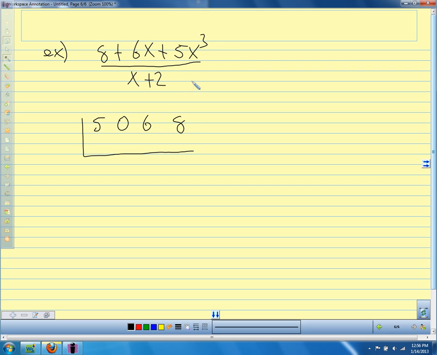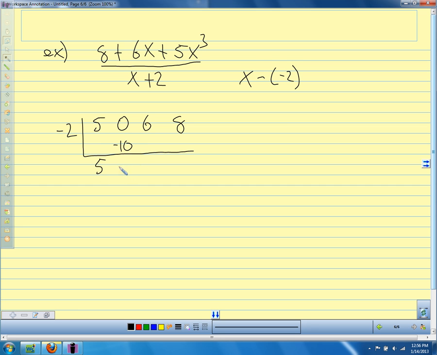And x plus 2 is x minus negative 2. Remember, synthetic division works for things that are in the form x minus some number. So I'm going to put a negative 2 here. Bring the 5 down. Negative 2 times 5 is negative 10.